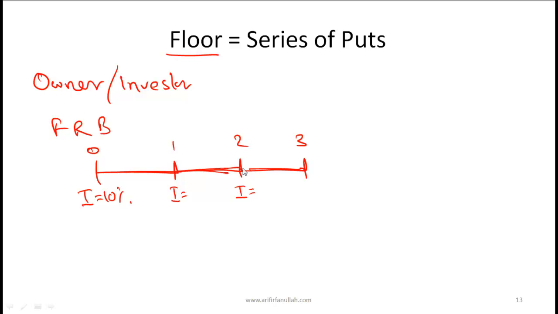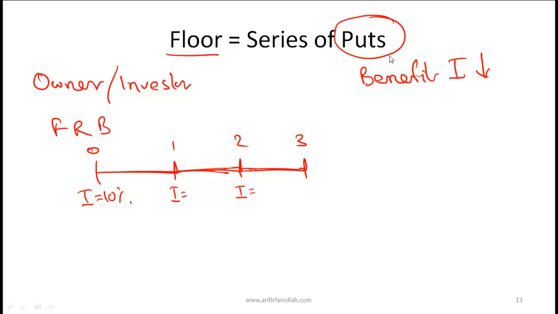You are worried now about interest rates going down, and what you can now do is buy a series of put options. So what does a put option do? The put option essentially means that you benefit when the interest rate goes down. Why?